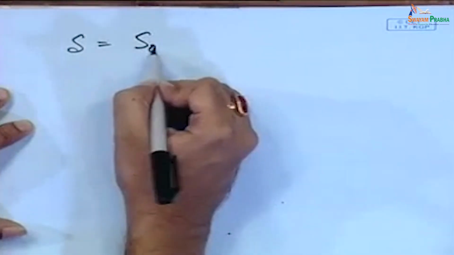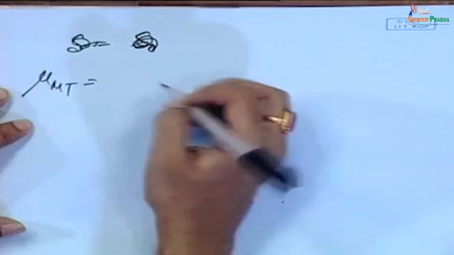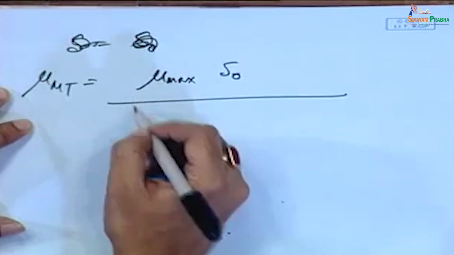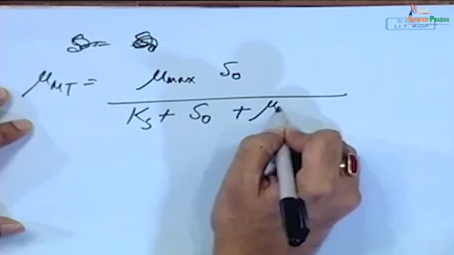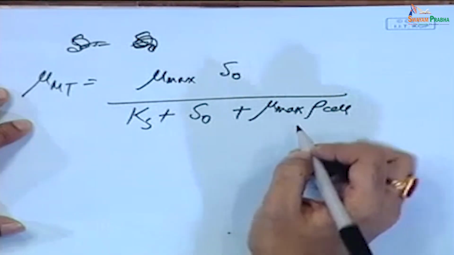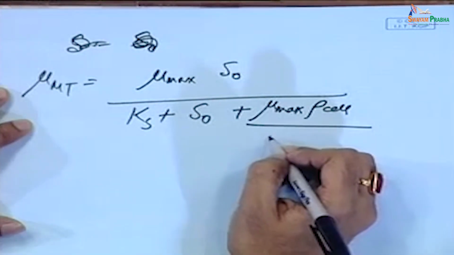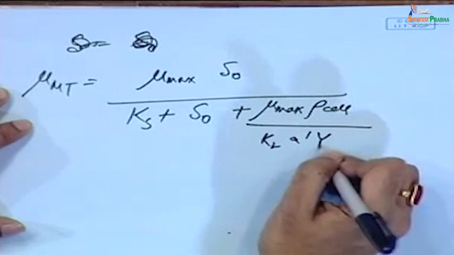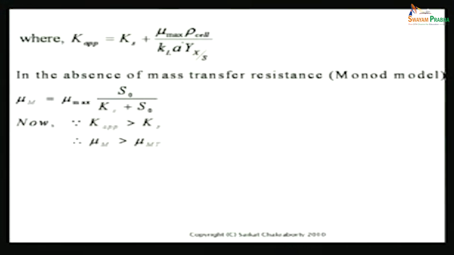It's a little bit of algebra out there, so I'm skipping the steps. You can just go and check. You will get mu max S naught Ks plus S naught plus mu max rho cell plus KL A prime into Y. So this is what you get.